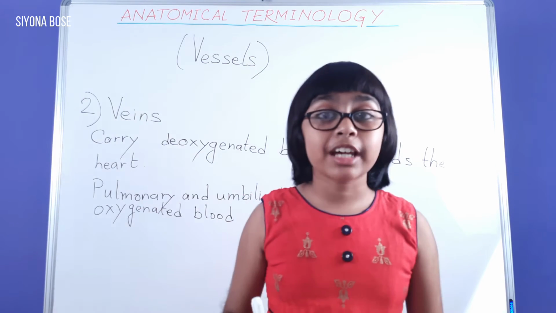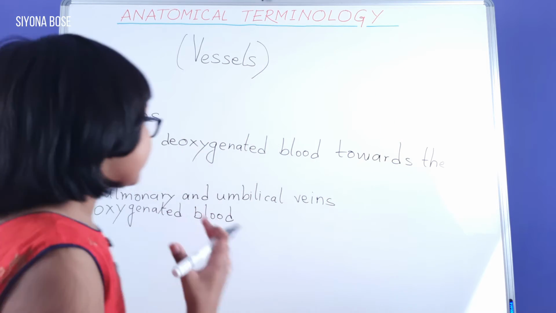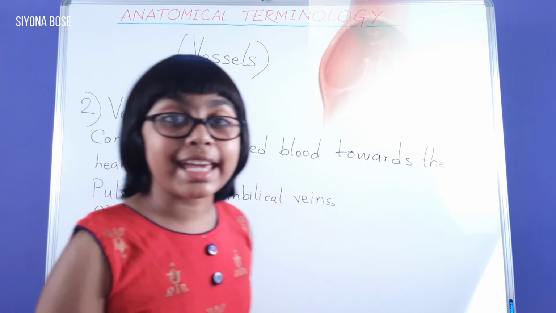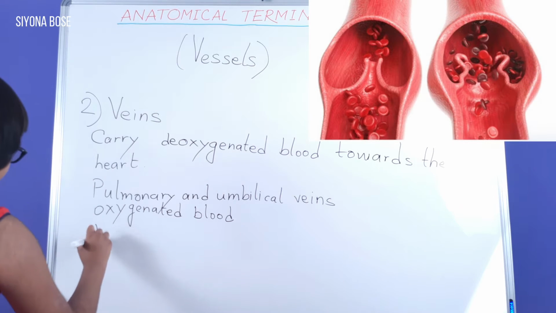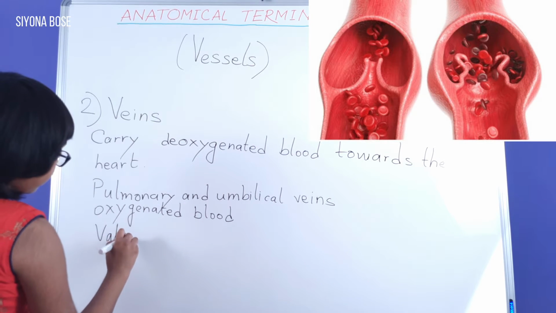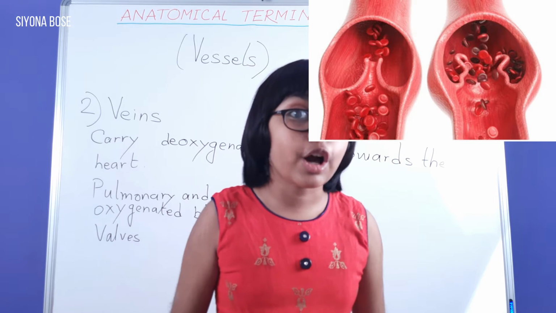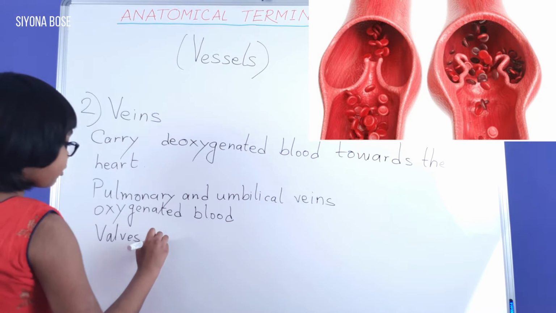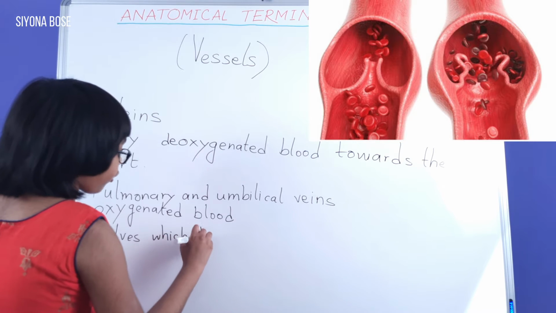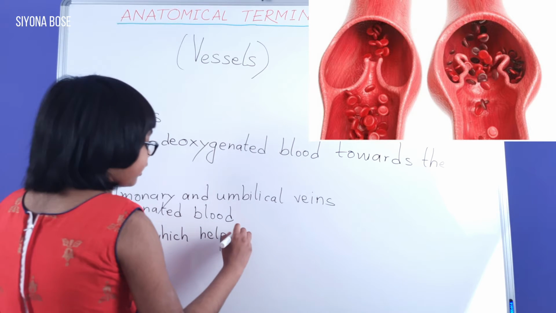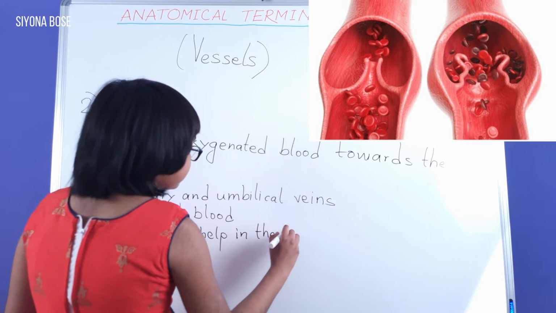Now, a special thing about veins is that they have valves, which help in the unidirectional flow of blood.